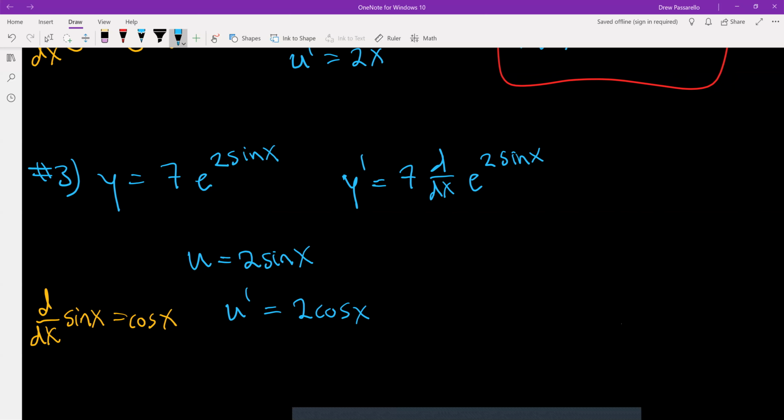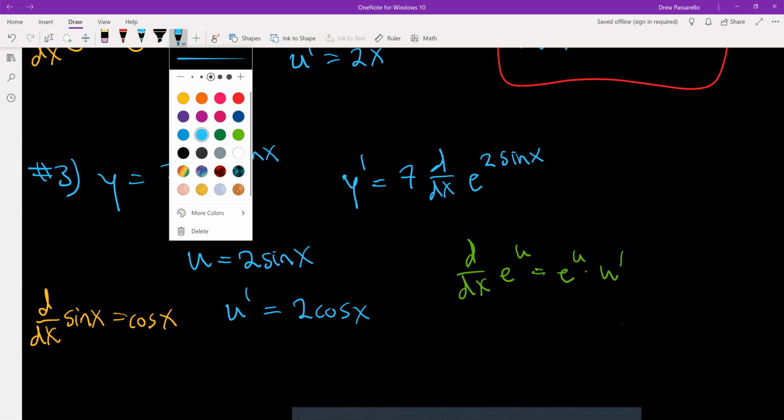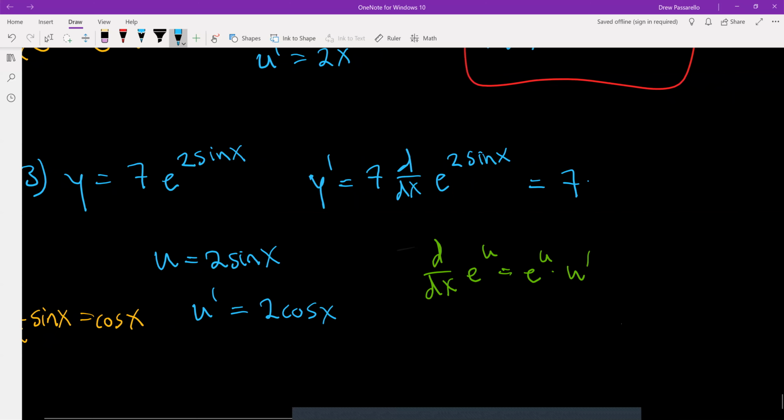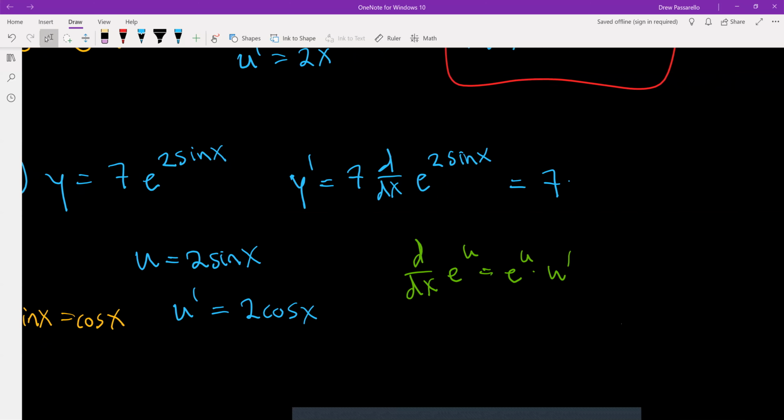So applying our rule, this is going to equal 7 times our regular exponential e to the 2 sine x, that's our e to the u, and then times the derivative of 2 sine x, that's the u prime, which is 2 cosine x.